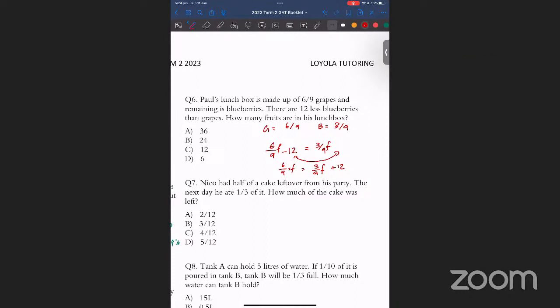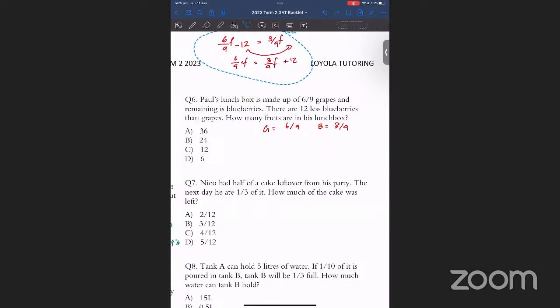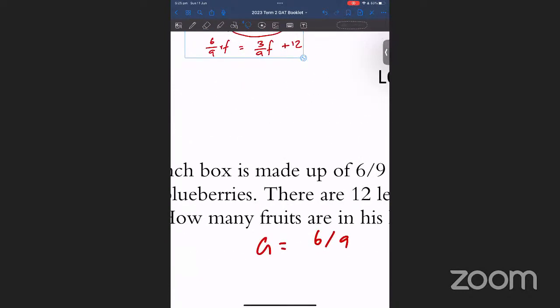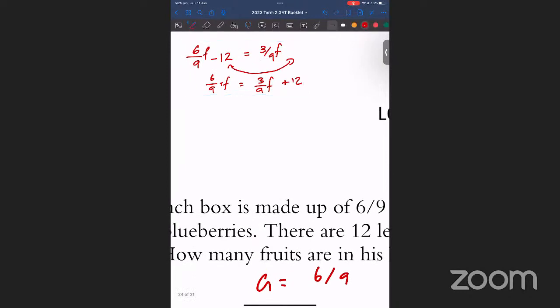Okay. And then I'm going to move all of this up here. And then we have to bring this across, because we have to bring the numbers to the other side.